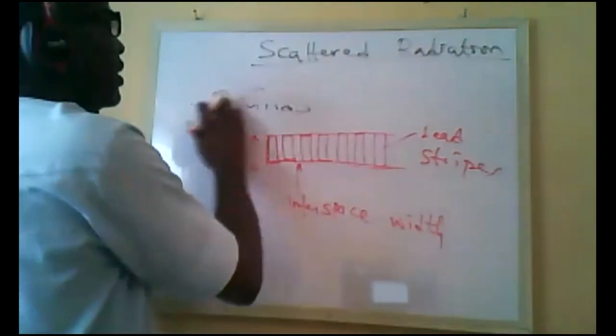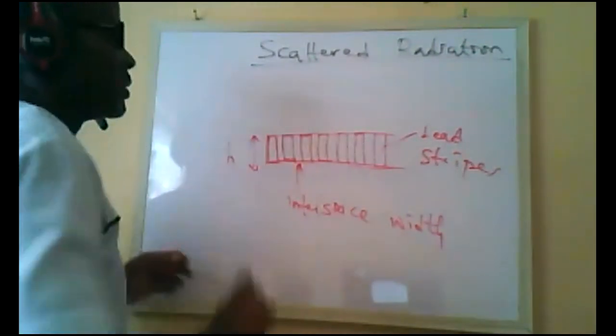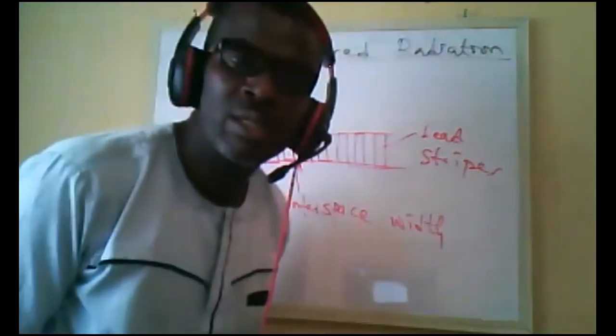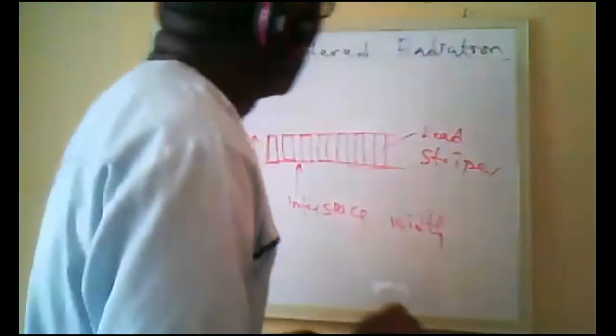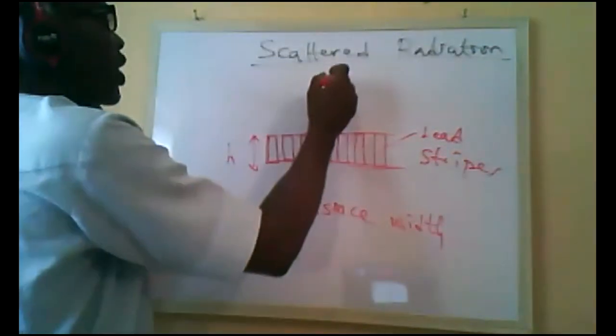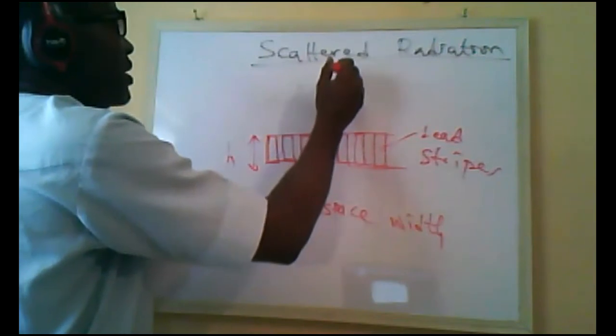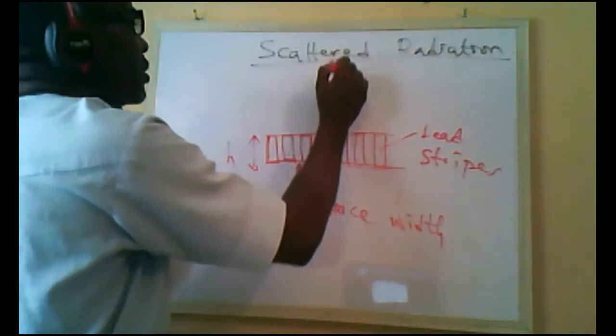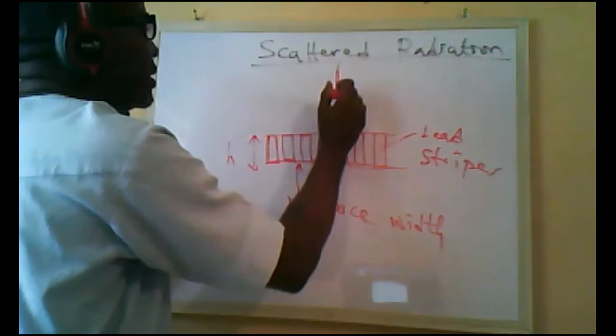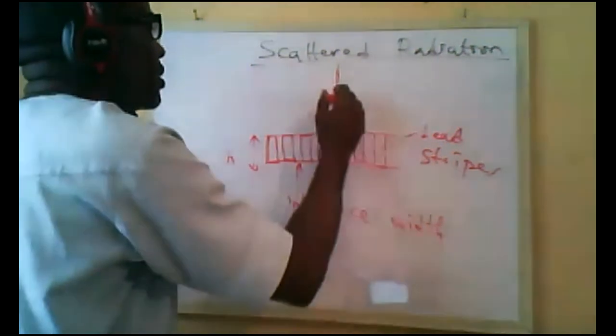This is the way scatter grids reject scatter. If you have a particular scatter event, you have the photon coming here, now scattered at different angles.